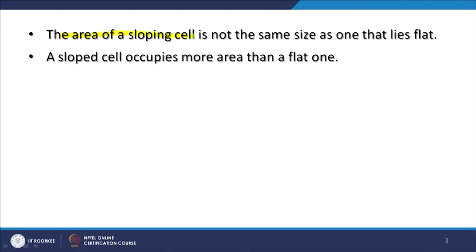So this is important: the area of a sloping cell is not the same size as one that lies flat. The flat one will always have less area and less length compared to an inclined one. The sloped cell occupies more area than a flat one.